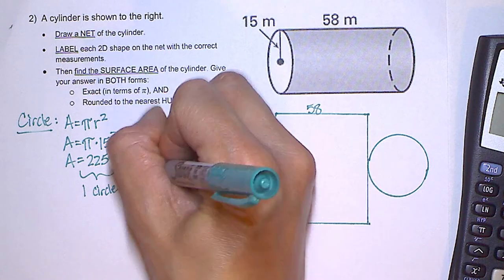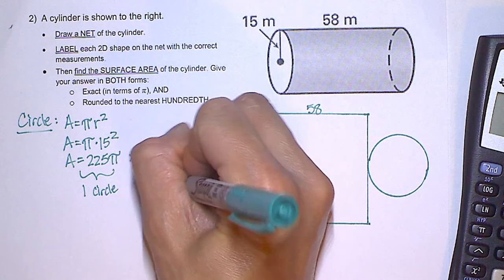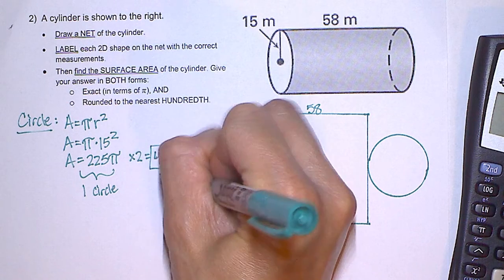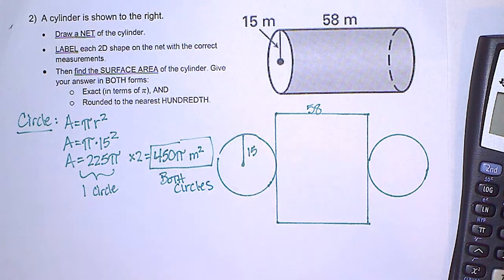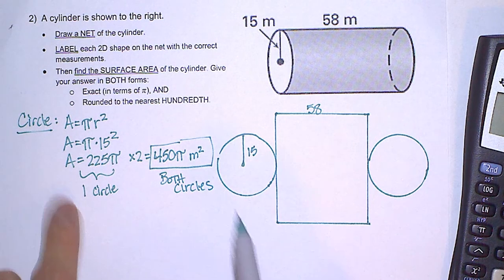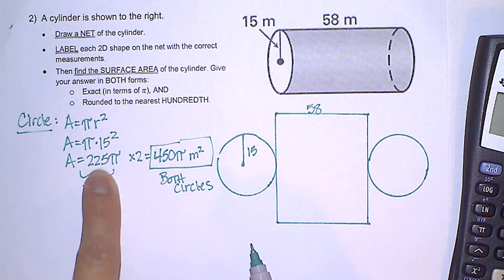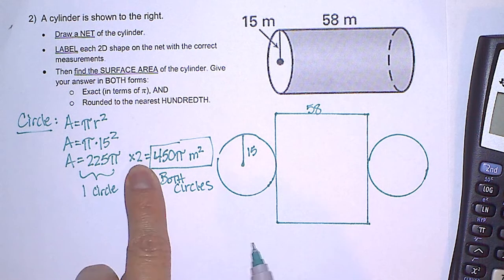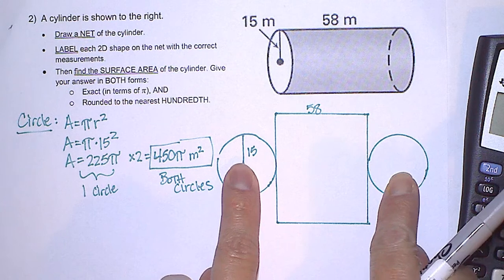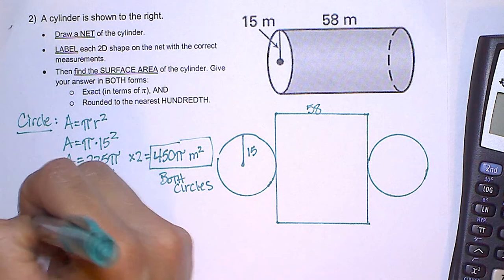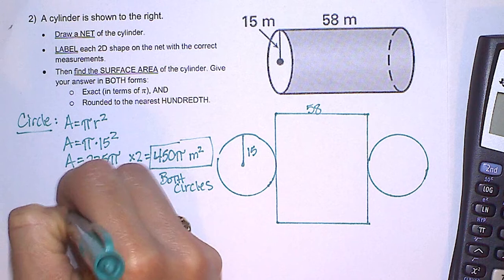Okay, so this is for both circles. Now, if you're still writing to catch up, you can pause at any time, rewind if you missed something. But pi r squared was one circle, so I multiplied it by 2 because I have two circles. Now the last part, which is the rectangle, is a little tricky.